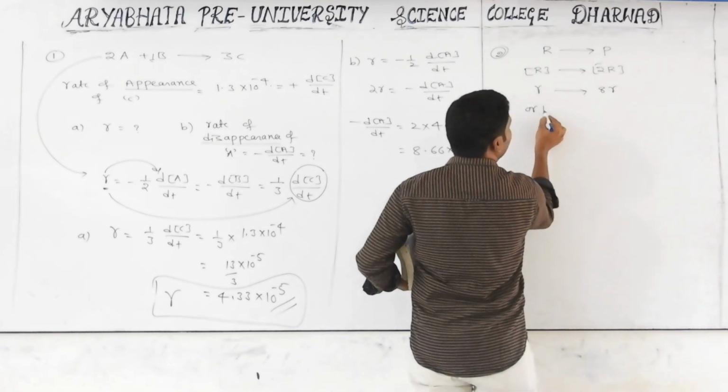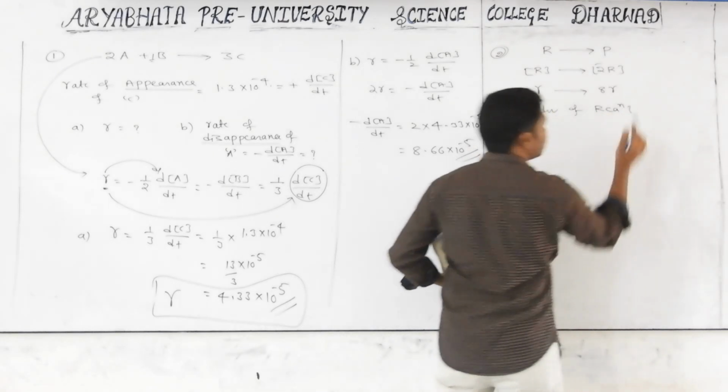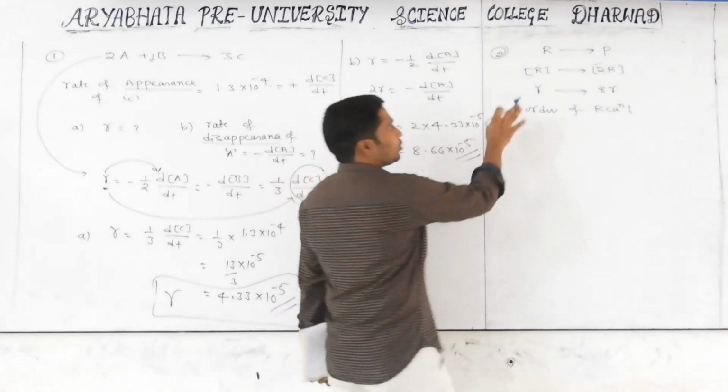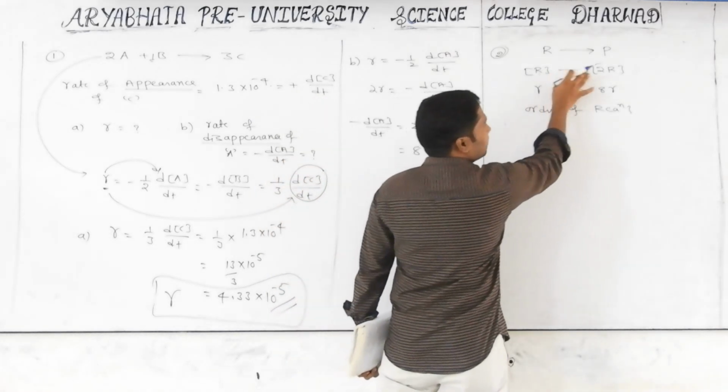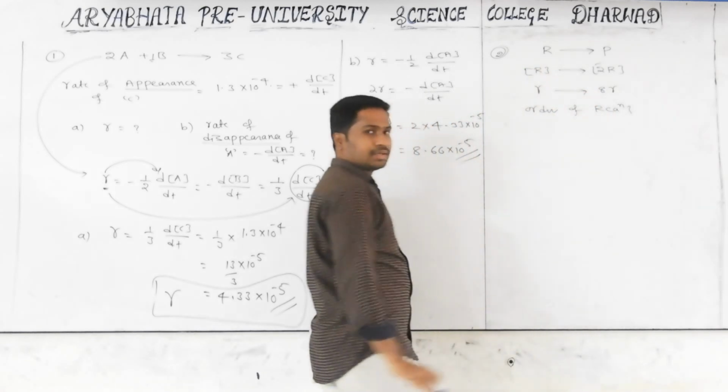Then it asks what is the order of the reaction. Yesterday we already did this question: in a chemical reaction, the concentration of the reactant becomes double, then the rate becomes 8 times, then what is the order of the reaction?